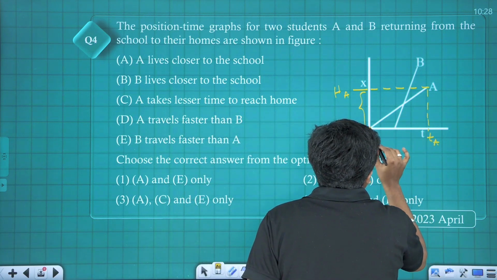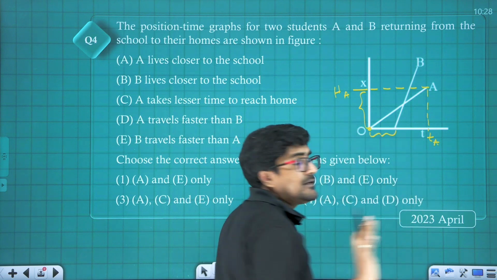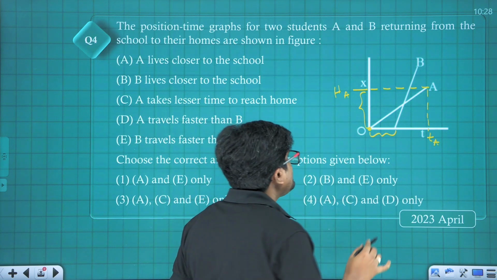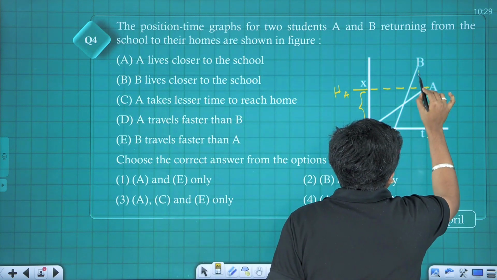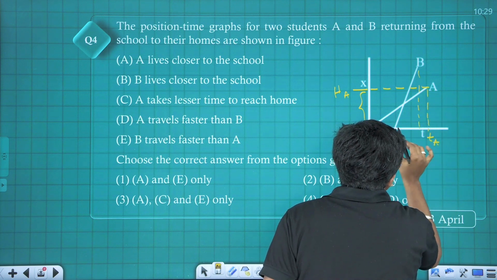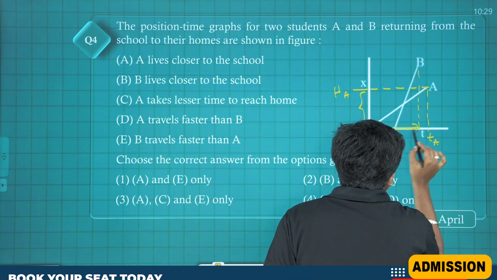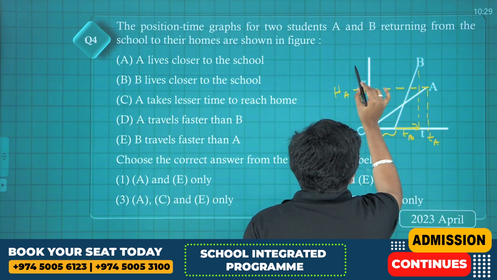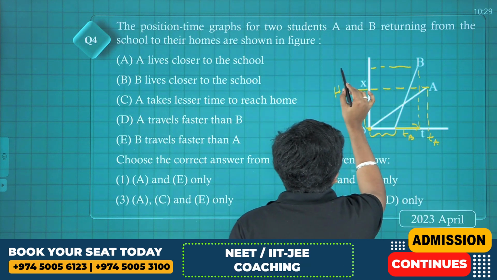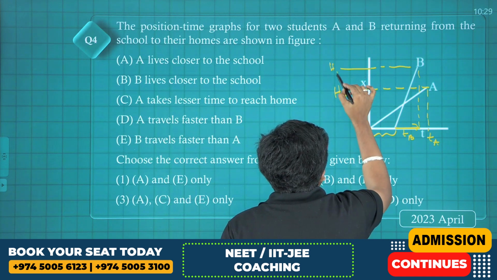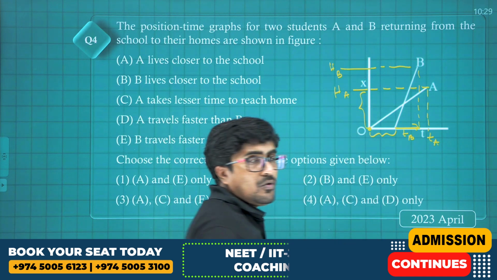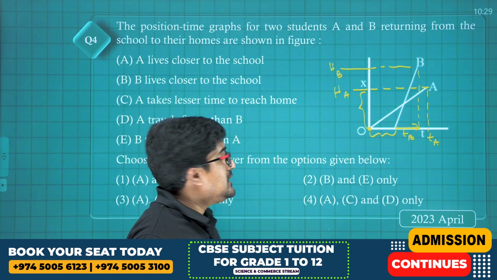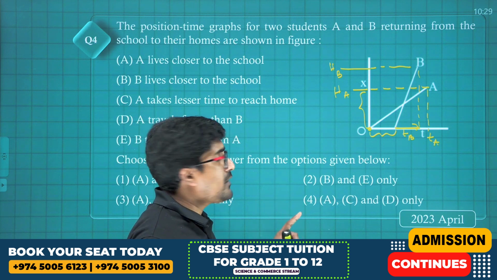Now of course B starts late, and time taken by B is this much only. This is time taken by B, and this is the position of home of B. So the home of B is at greater distance compared to that of A.